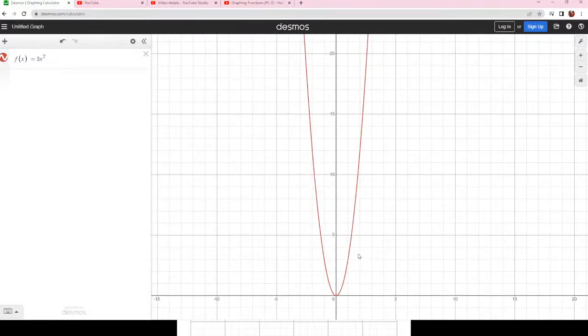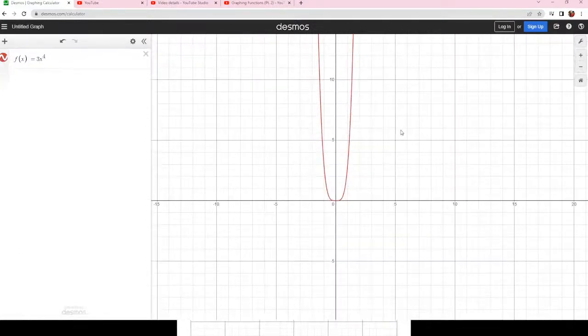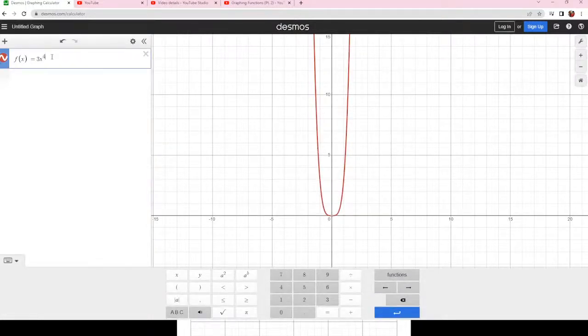And if that exponent happens to be an even number, it's going to always make this sort of U curvy shape. Any even number on an exponent is going to make this U curvy shape. Okay? Any odd number on an exponent is going to make this kind of sort of zigzag shape.